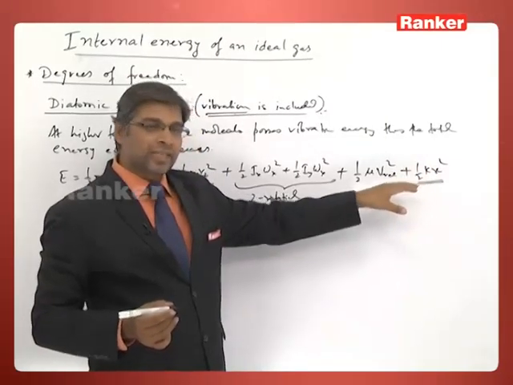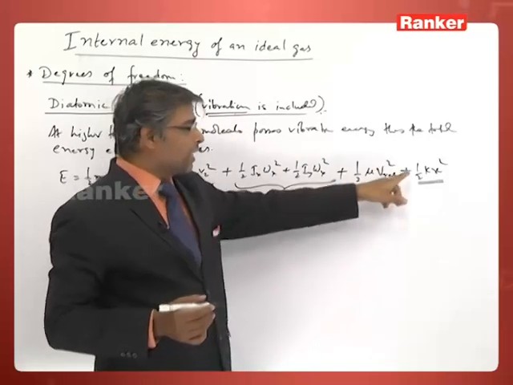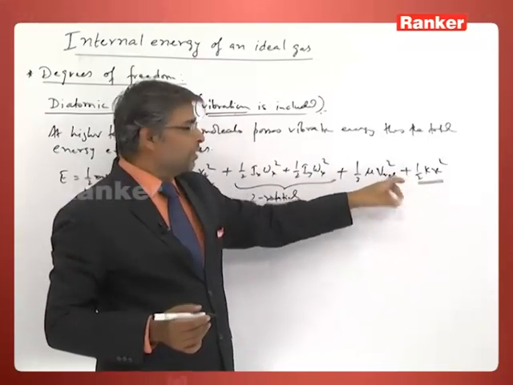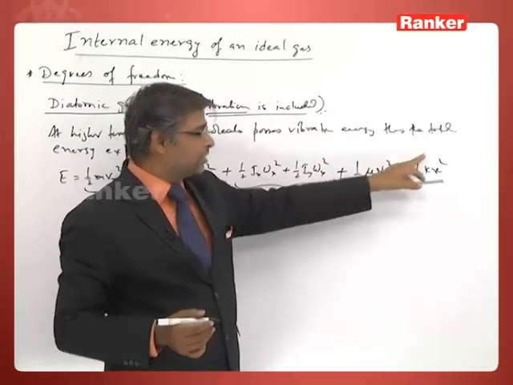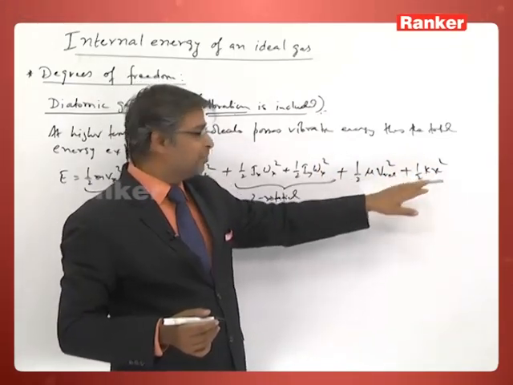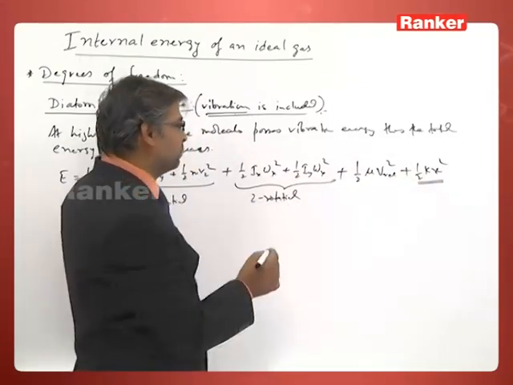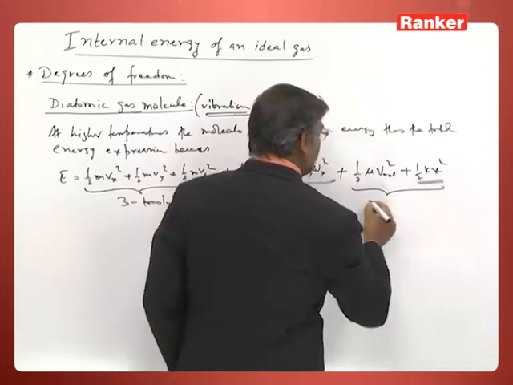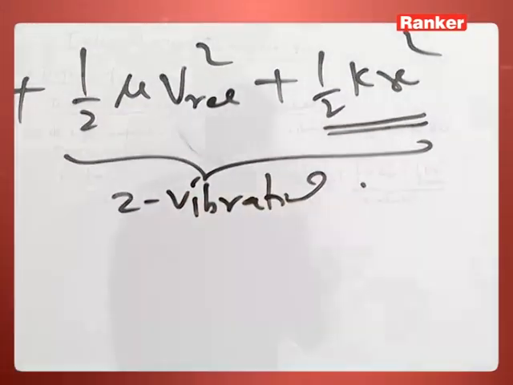That is why in the very beginning, in the definition, I wrote the quadratic term. I did not write kinetic energy term, because this is not a kinetic energy term; it is a quadratic term, but it accounts for a degree of freedom. So, we have two vibrational degrees of freedom.